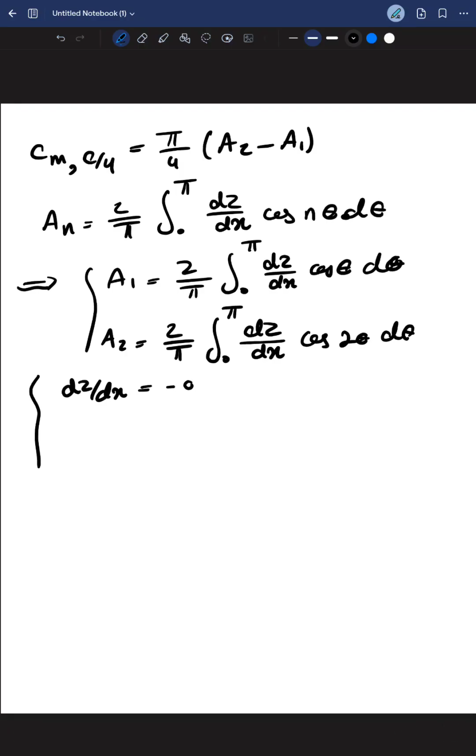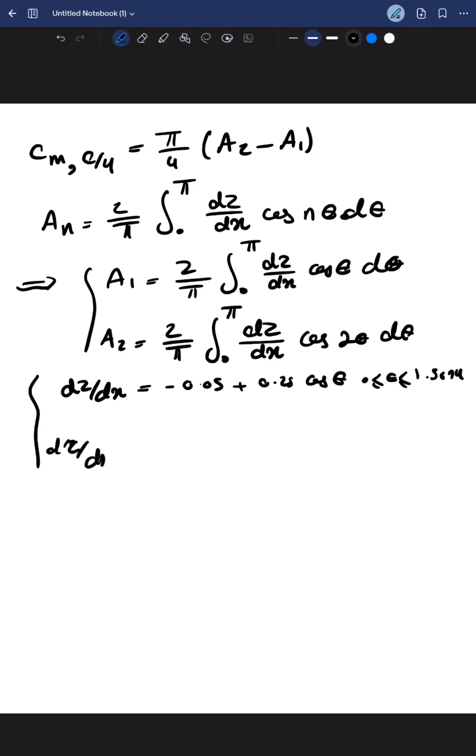One is negative 0.05 plus 0.25 cosine of theta for theta between 0 and 1.3694, and we have dz/dx of negative 0.2022 plus 0.111 cosine of theta for theta between 1.3694 and pi.